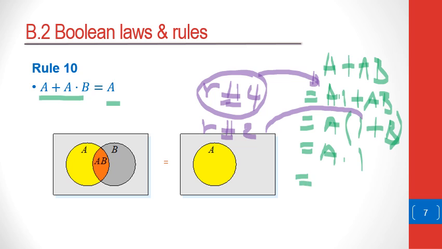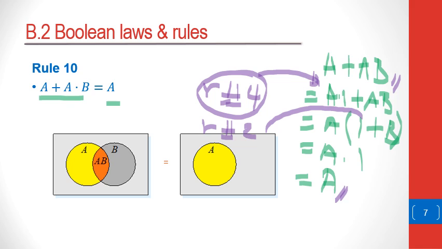And now, similarly, according to rule number 4 again, A and 1 will be equal to A. Therefore, what we have just proven is that the right hand side A is equal to the left hand side A plus A and B.